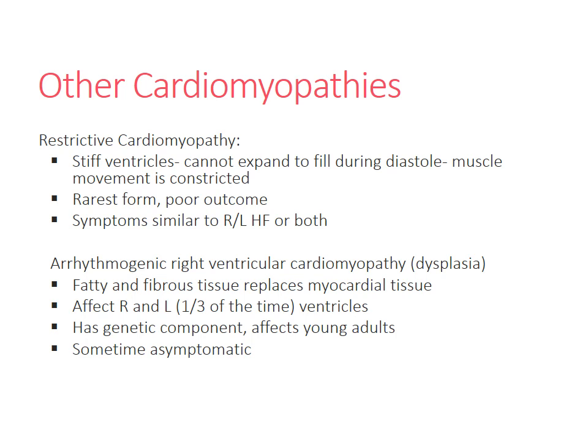And then there's arrhythmogenic right ventricular cardiomyopathy, or dysplasia, and that is where the normal healthy heart tissue is displaced and replaced with fatty and fibrous tissue. And so again, you can imagine that cardiac tissue is designed in just the way it needs to be. When it's replaced by any other type of tissue, it just doesn't work as well. There's a genetic component as well, it affects young adults, and sometimes it's asymptomatic.